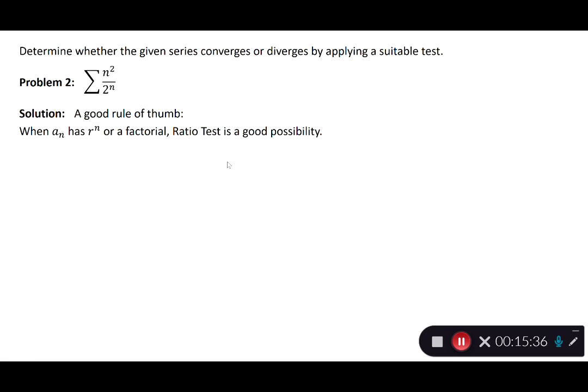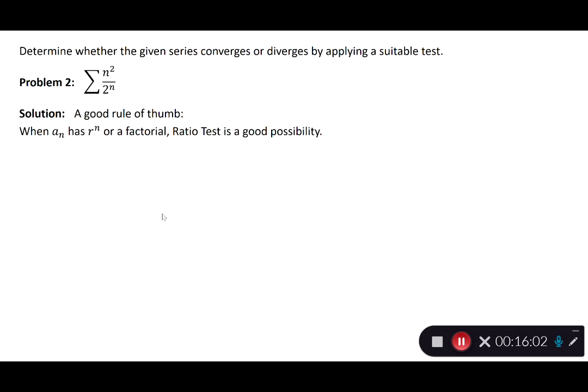Let me tell you something. While I say this is a good rule of thumb, a good possibility, it doesn't mean every single time it works. You may have to be a little more clever sometimes and apply a different test altogether. So typically, when I see an r to the n kind of a thing, I try out a ratio test.